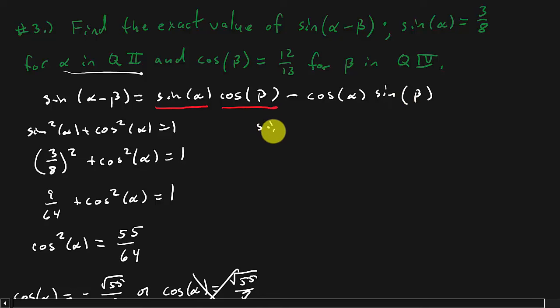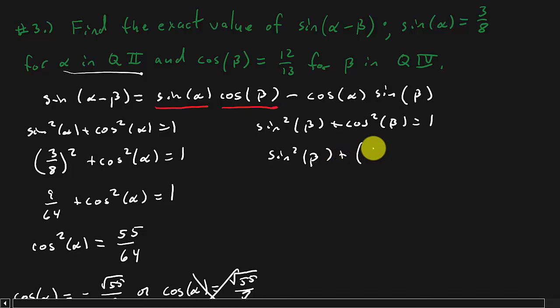So we've got sine squared beta plus cosine squared beta equals 1. So sine squared beta plus (12/13) squared equals 1. So sine squared beta plus 144 over 169 equals 1.